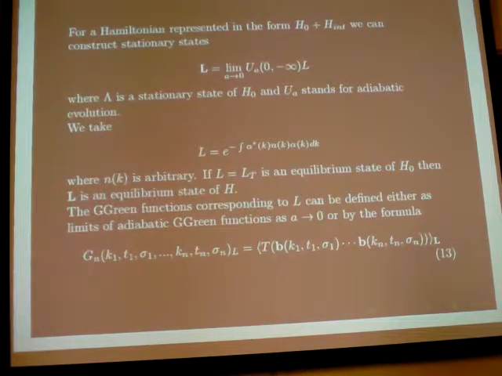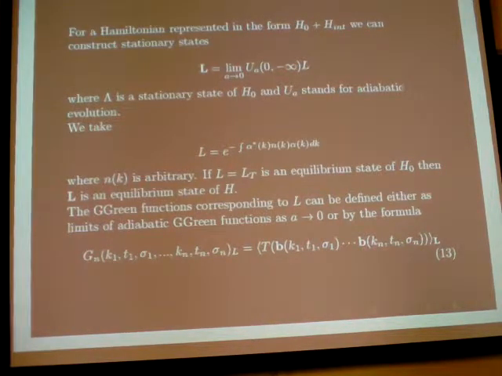But you can also define green functions as expectation values of a chronological product of some Heisenberg operators in the physical vacuum. The formula is absolutely the same. The only difference is that it is not necessary to take the vacuum.